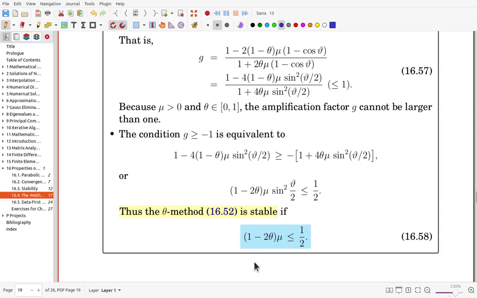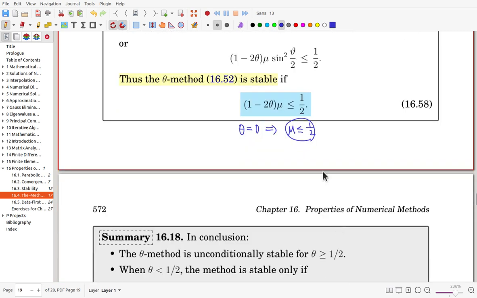Earlier, we studied the forward-Euler method, which corresponds to theta equals 0. Then this inequality becomes mu is bounded by 1/2. That is exactly the stability condition for the Euler method, right?